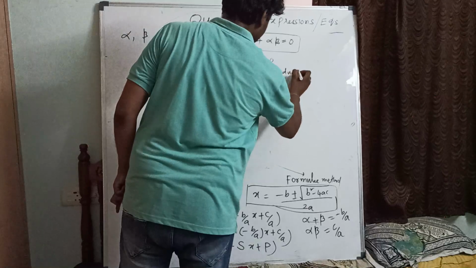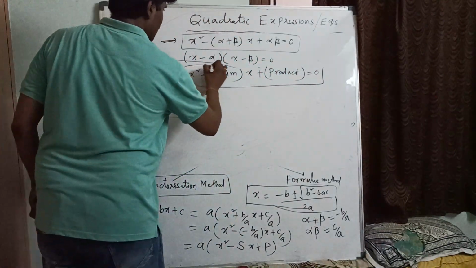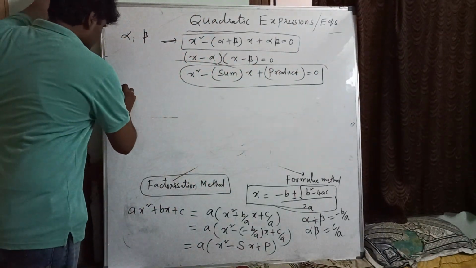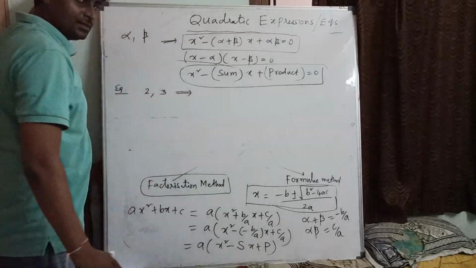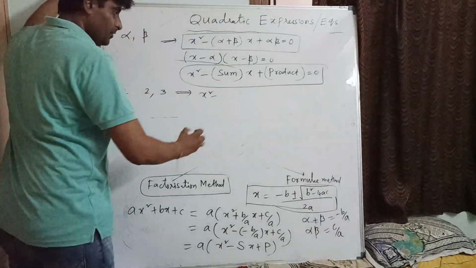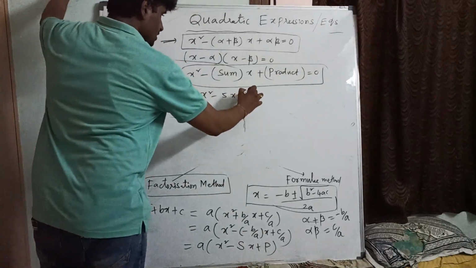It's very simple. Now tell me, for example, roots are 2, 3. Tell me the equation fast. x square minus 2 plus 3, sum 5, x plus product 2 into 3 is 6, equal to 0.